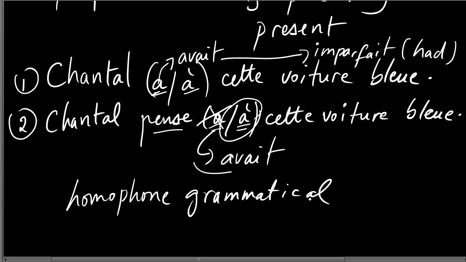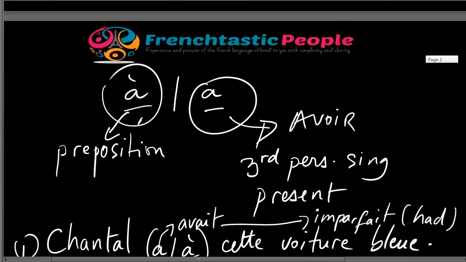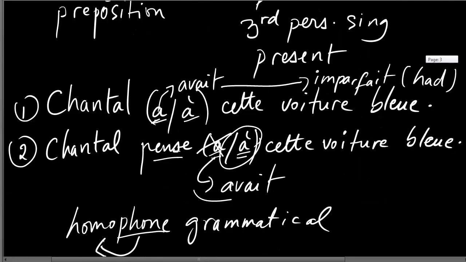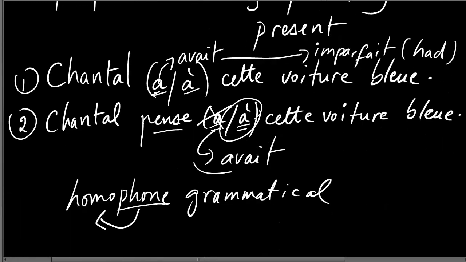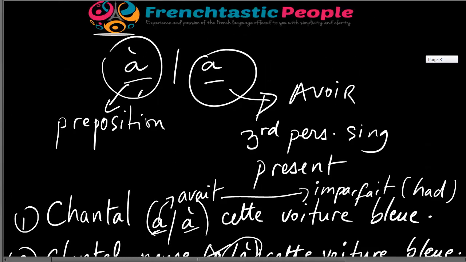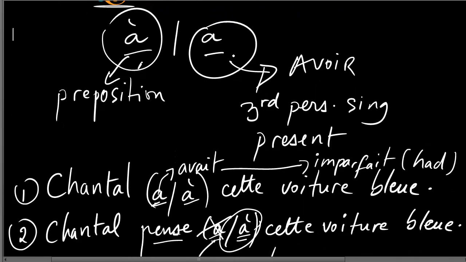And as you can see, by homophone, phone means sound, homo means same, so they sound the same, grammatical. And there are a number of grammatical homophones that exist in French, and I wanted to show you just this case here. All right, these two cases, a versus à.